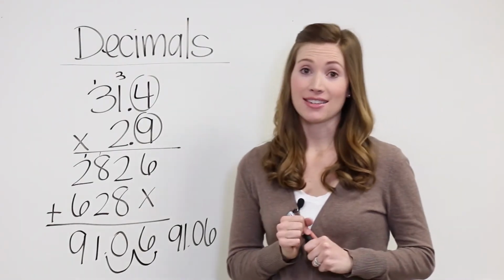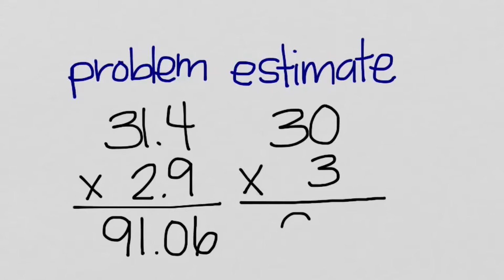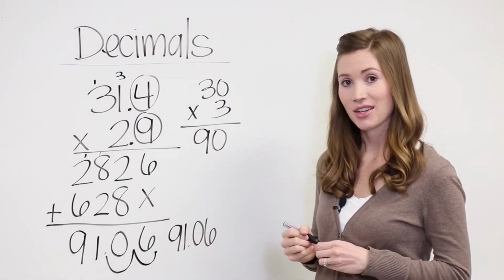If you said yes, you're correct. 31 and 4/10, that's about 30. And 2 and 9/10, that's about 3. If we were to multiply 30 and 3, we would get 90. And 90 is very close to 91 and 6 hundredths. Great job.